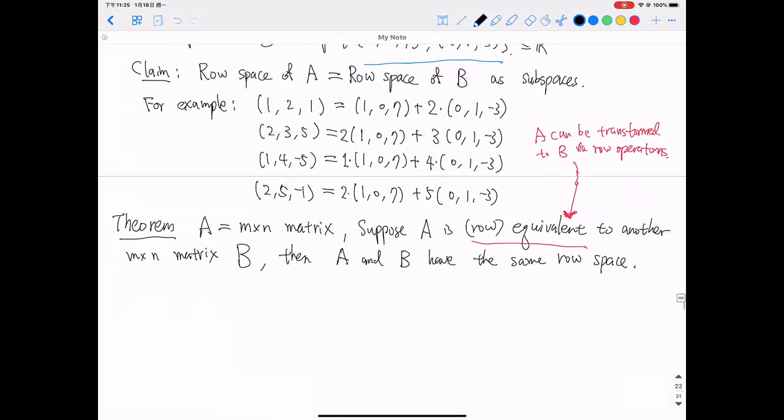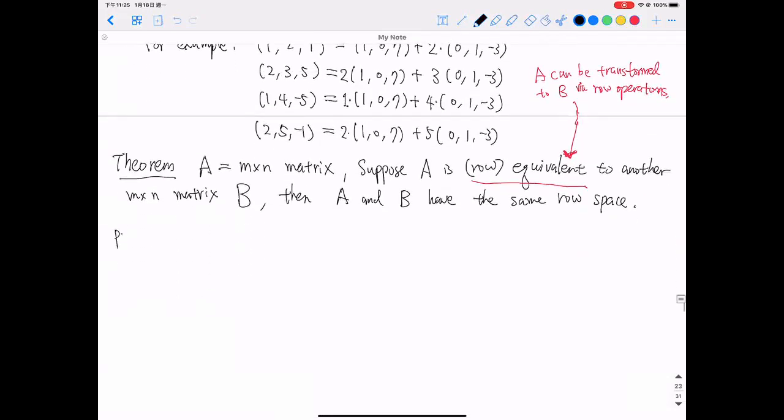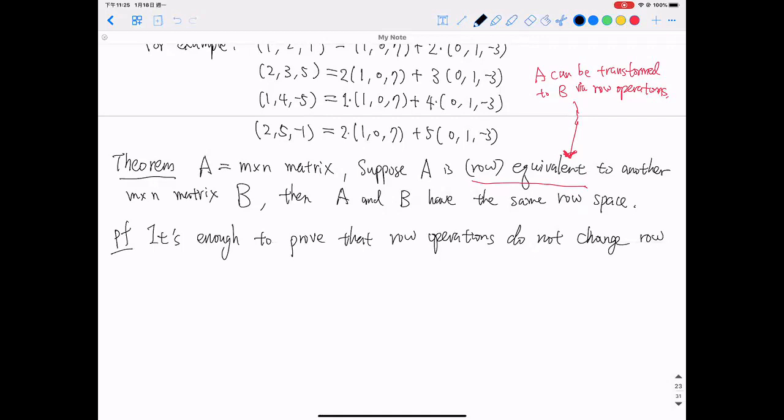All right. So we now consider proving the theorem. It's enough to prove that row operations do not change row spaces, right?